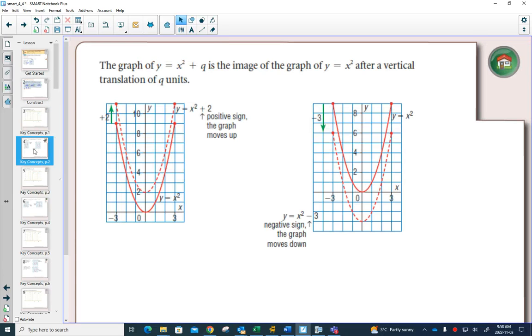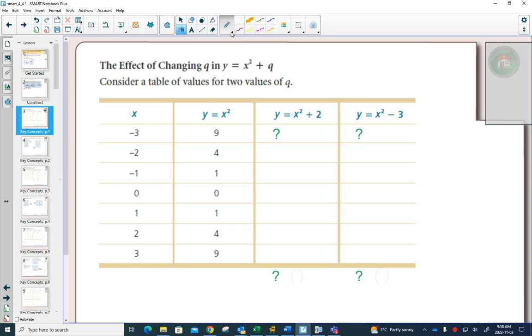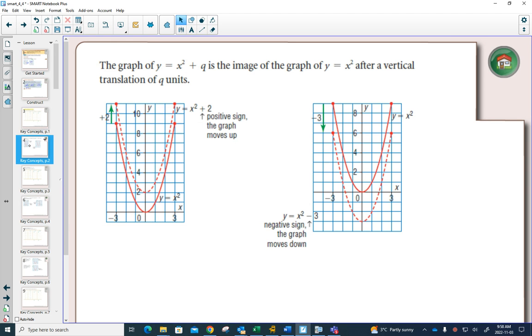So the first thing that I am going to get you to highlight on the next page is this title, The Effect of Changing the Value of Q. And you don't have this table, you just have the graph, so that's what we're going to look at.